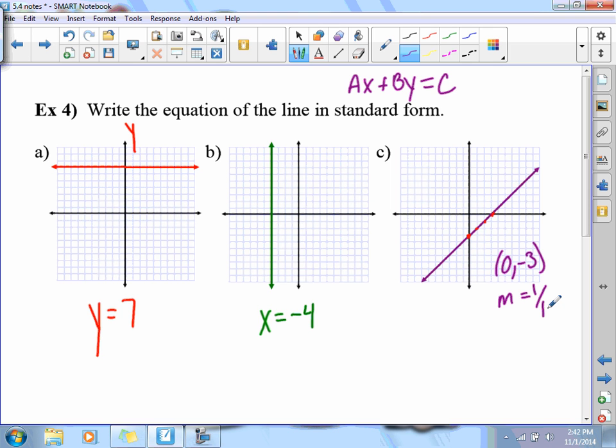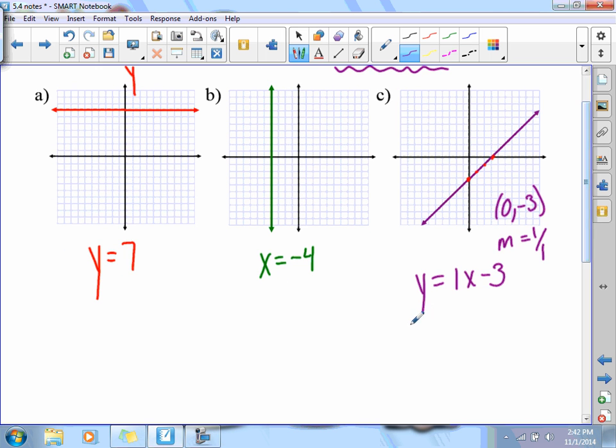So when you see lines like this, remember you need to find two nice points. Hopefully one of them is an intercept. If not, that's okay, but you need the two points to count your slope. Now, since this point is an intercept, I can go right to y equals mx plus b, and then I still have to write the equation of the line in standard form. So now I have to get the x and y on the same side. So I'm going to subtract the 1x over, so the x and y are both on the left side.